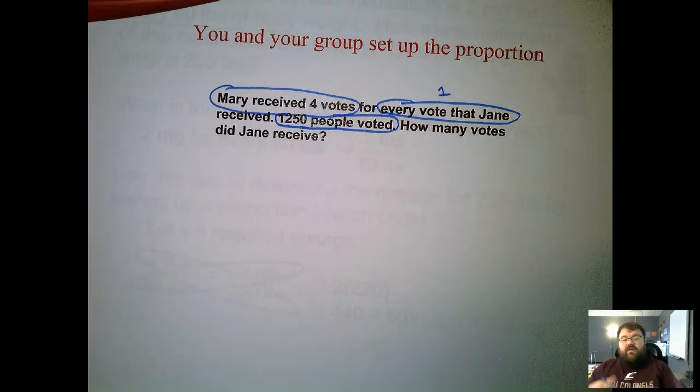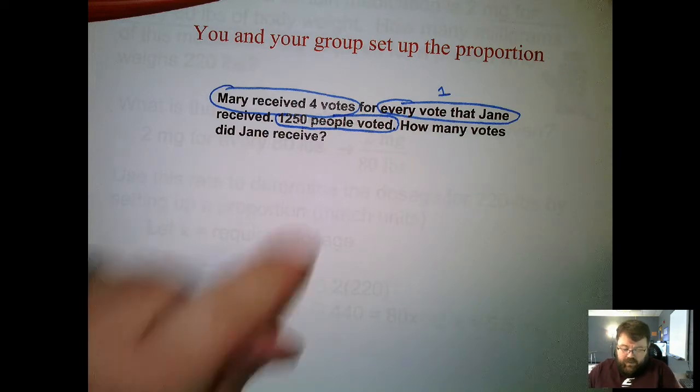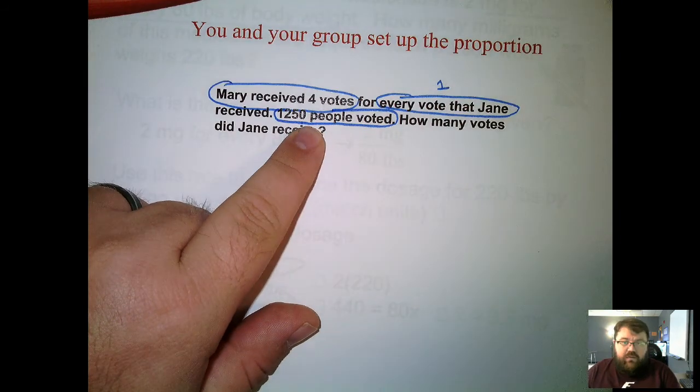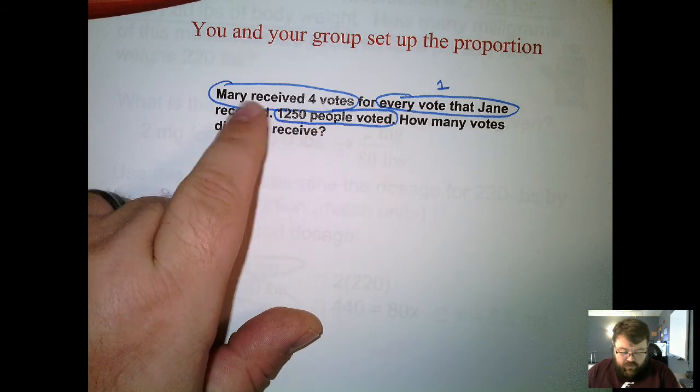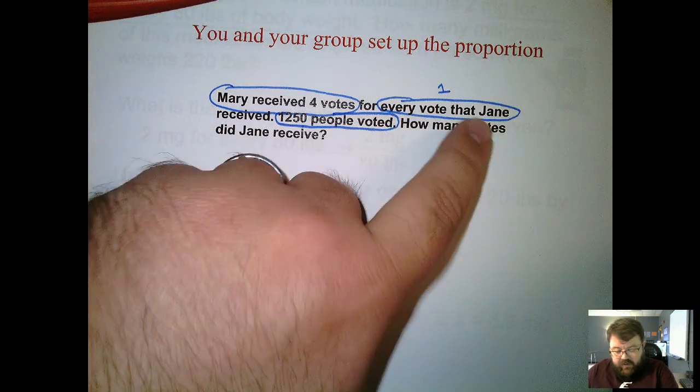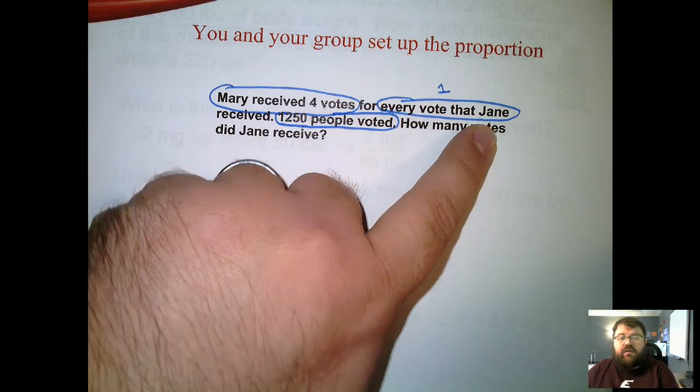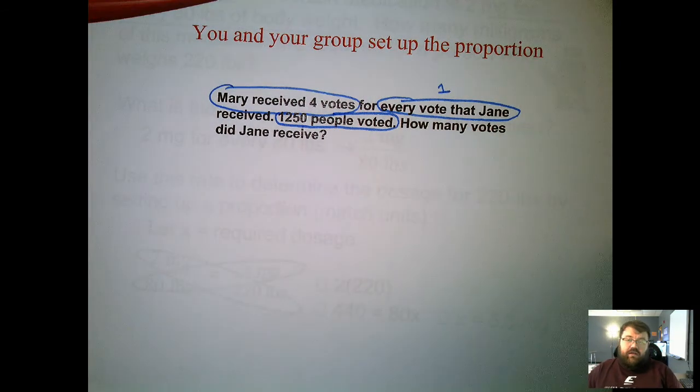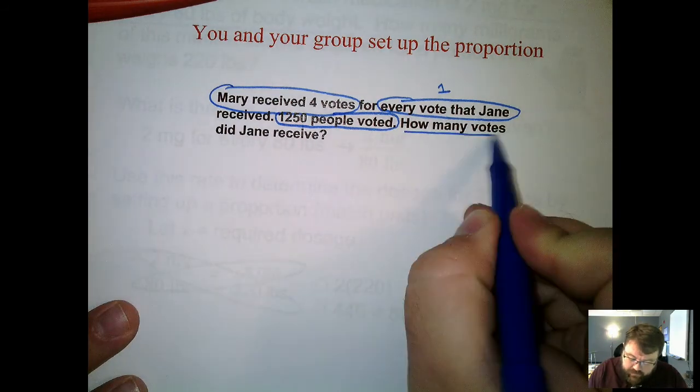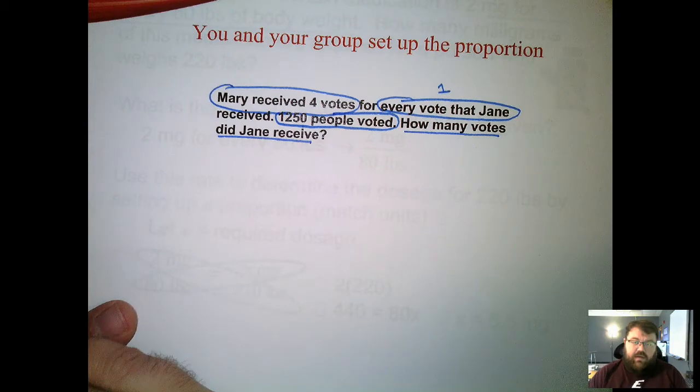That is your signal to know that you need to do something with the first 2 numbers, when that third number is talking about a combination of the first 2. Because this is how many people voted, and it's neither for Mary or Jane, it's for Mary and Jane. So we have to figure that part out. How many votes did Jane receive?